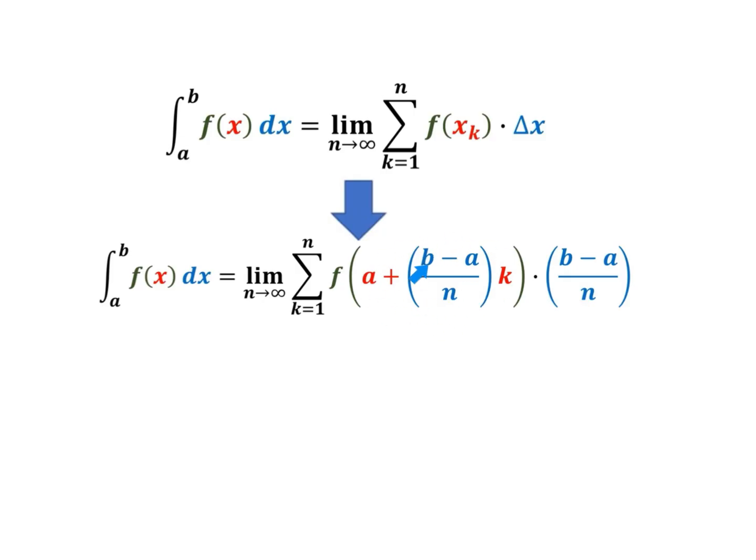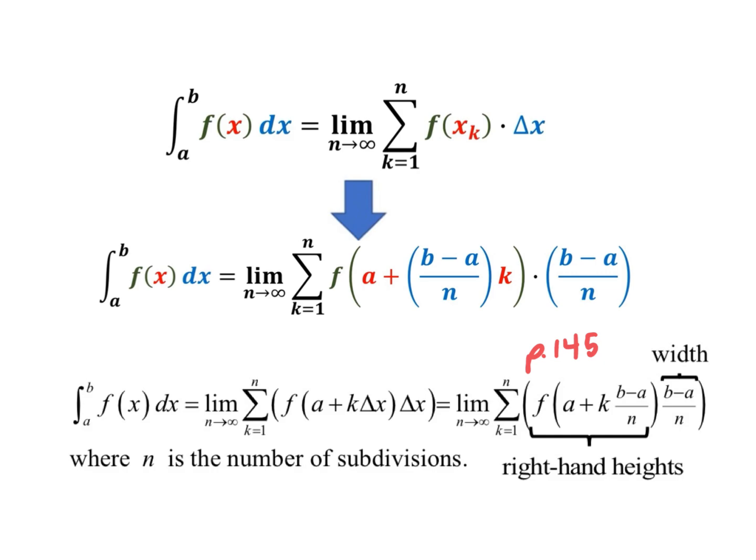Okay, so this is my f of the starting value plus the number of changes in x times the change in x. Okay, and so this is from your AB book, on BC book on page 145. Okay, and so if it feels like I'm over explaining it, it's because this is complicated. There's a lot of abstract algebra here.